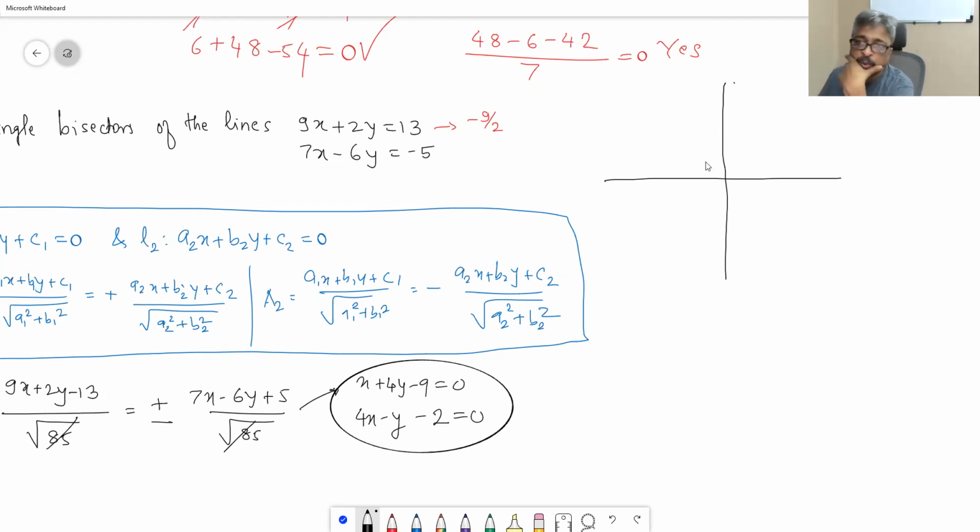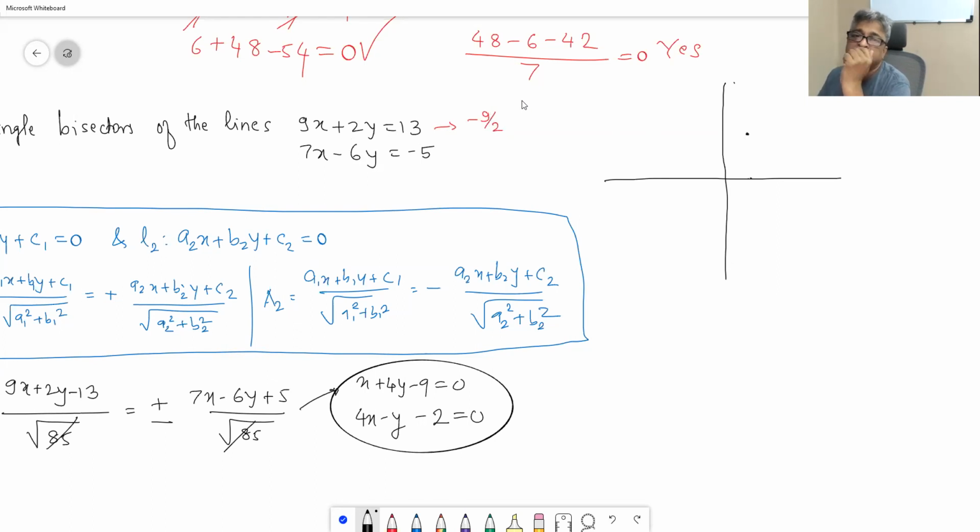It is 1, 2. So maybe I will do it. 1, 2. I have designed it like that. So the line is passing through 1, 2. 1, 2 makes it 13. 1, 2 makes it 9. So 1, 2 is on these two lines and minus 9 by 2 is a slope.